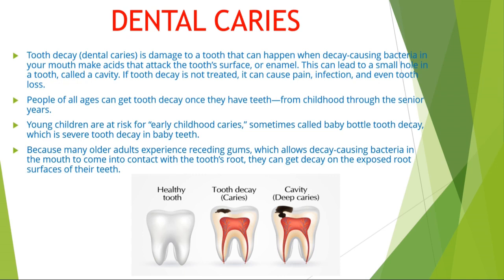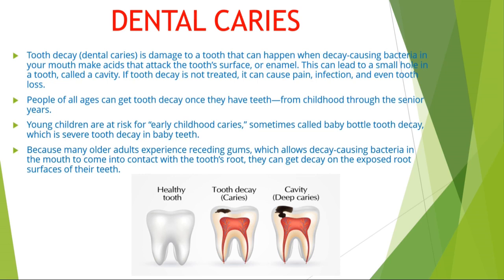Then the bacteria start to attack, and they first attack the enamel, because this is the best time for the bacteria to attack it. Due to high pH the enamel is getting damaged slowly.